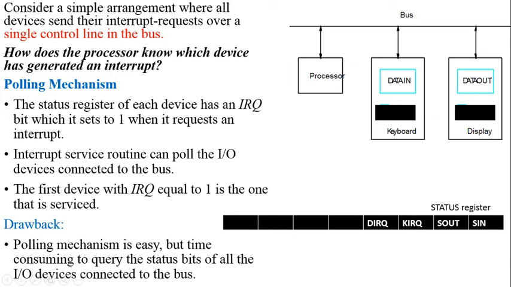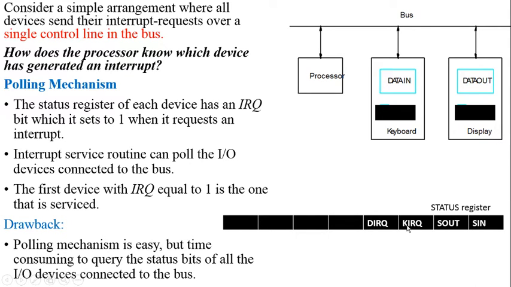Once more, the I/O interface is associated with a status register, and the status register contains a special bit to indicate whether the device is requesting an interrupt or not. For the keyboard we have the KIRQ bit, the keyboard interrupt request bit, and for supporting the interrupt action of the display unit, we have the DIRQ bit.